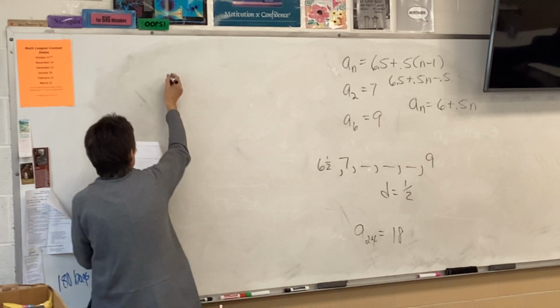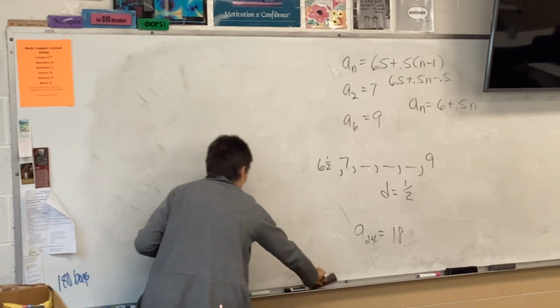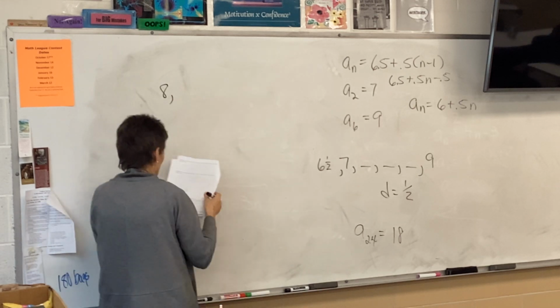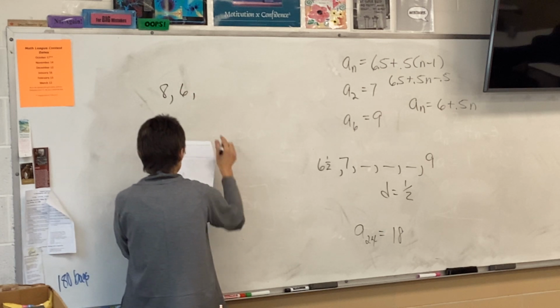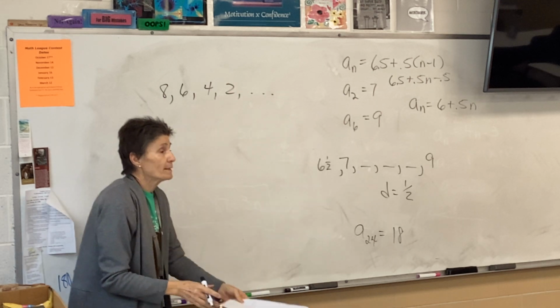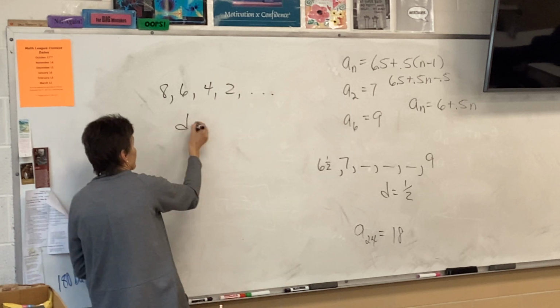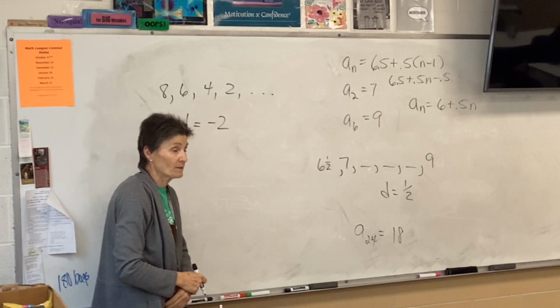Yep. So the terms are 8. The terms are 8. What's my next term? 6. The next one's 4 and 2 and so on. What is my common difference? -2. -2, which is the same as the slope of the line.